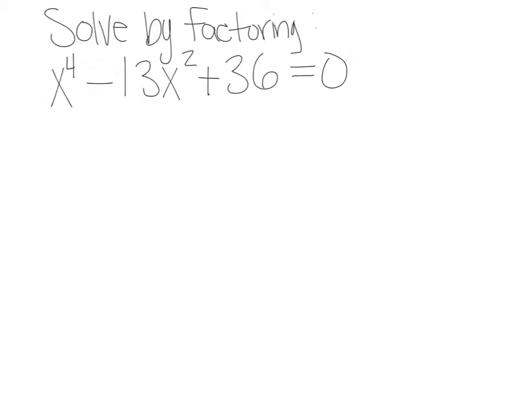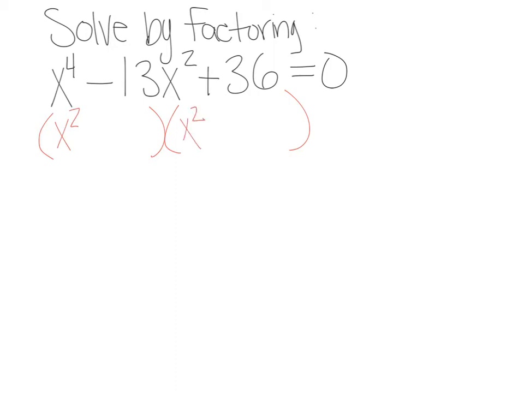Okay, for the next problem, I'm solving by factoring. So anytime we see this x to the fourth, as long as we have an x squared and then we do not have any x's at all in this third term, we can factor this the same way that we factor a quadratic. Instead of taking the x squared, normally we have an x squared here, we split it into x and x. X to the fourth, we will split into x squared and x squared.